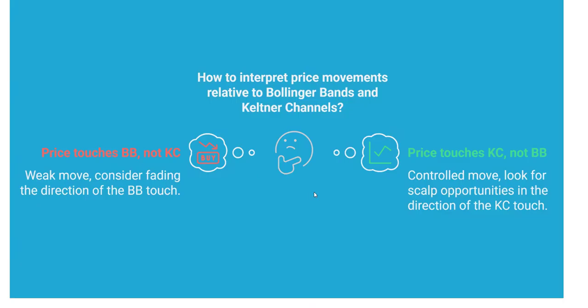How are you going to interpret price movements relative to Bollinger Bands and Keltner channel? This is the graphical representation of the divergence, where they are not agreeing with each other. Weak move: price touches the Bollinger Band, not the Keltner channel. Consider fading the direction of the Bollinger Band.